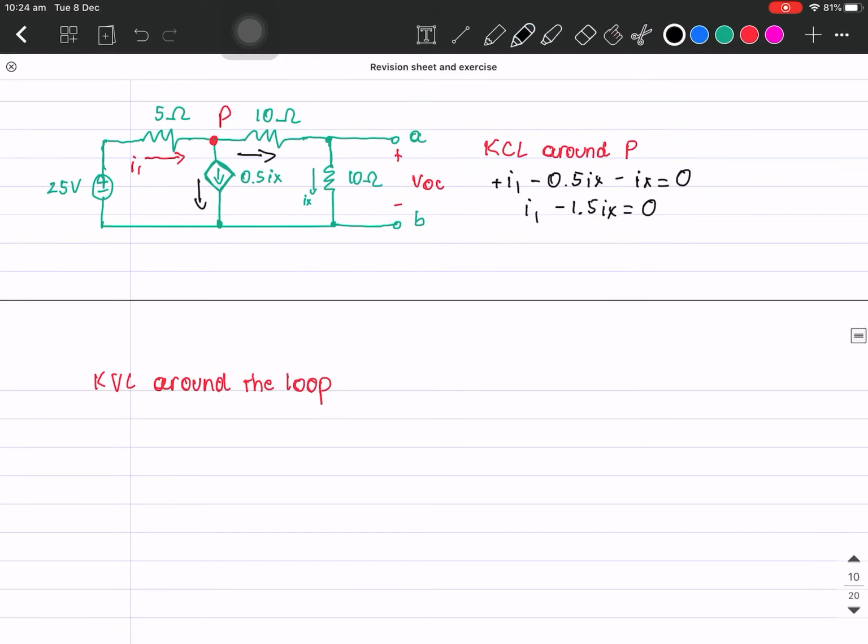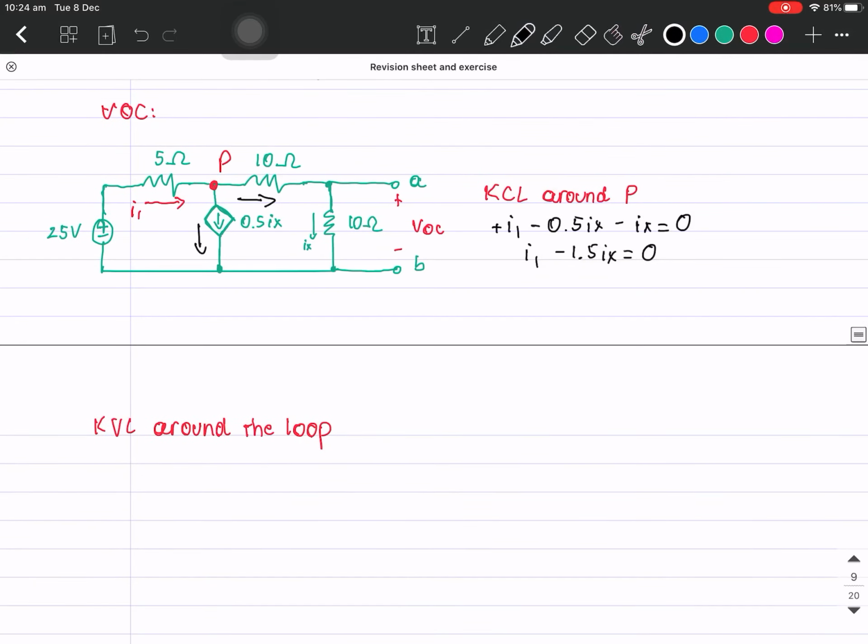So that should give me 25 volt. So I take I1 flowing this way. Oh, I'm sorry. All right.